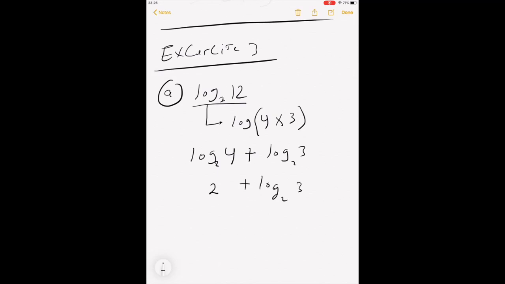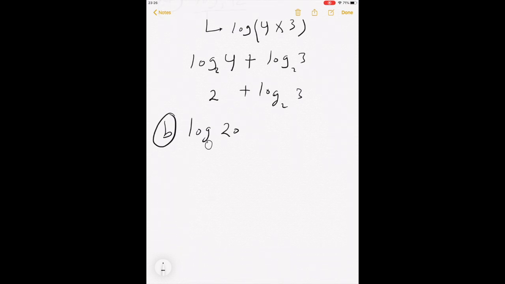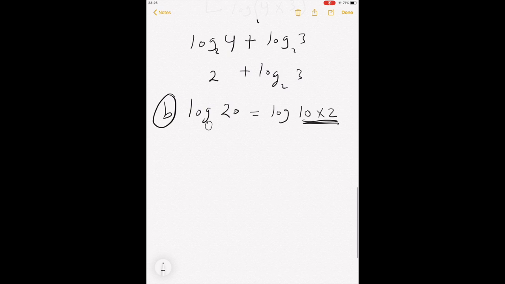Now let's look at b. So b says log 20. Because there is nothing being indicated here, that means it's a log with the base 10. I can simplify this further by saying this comes from log 10 times 2, because that's the same as 20.